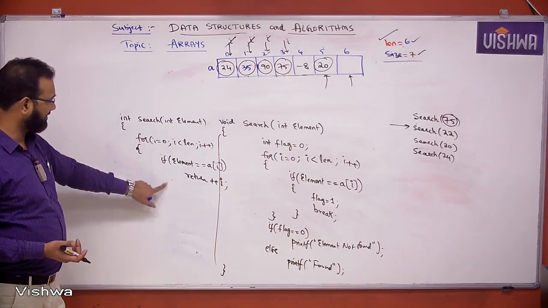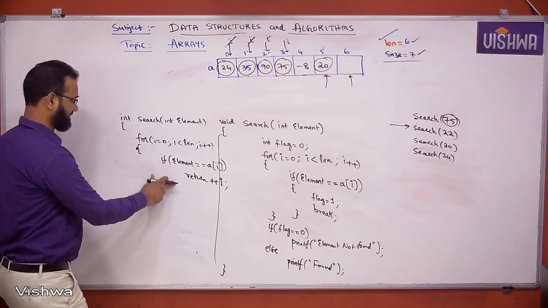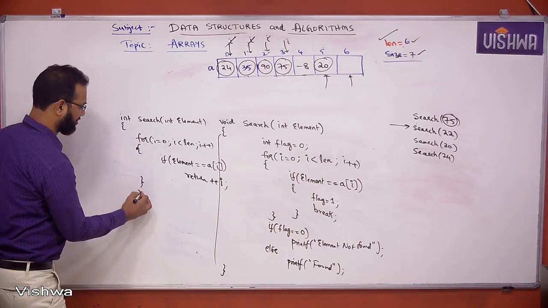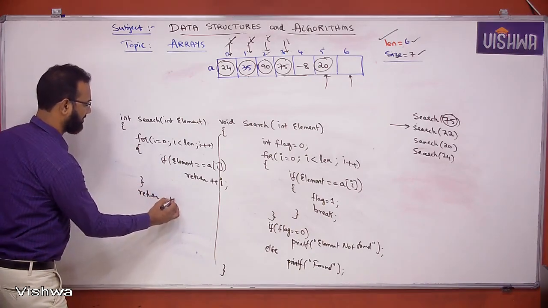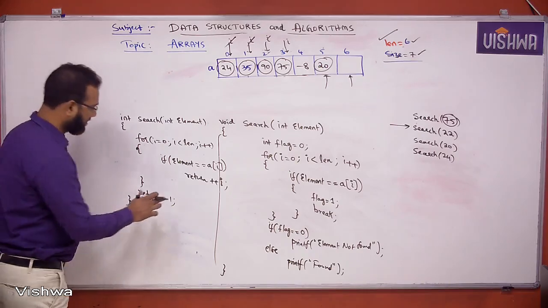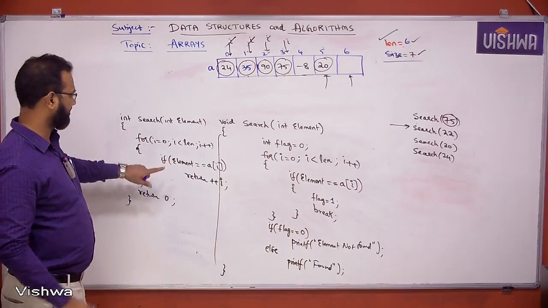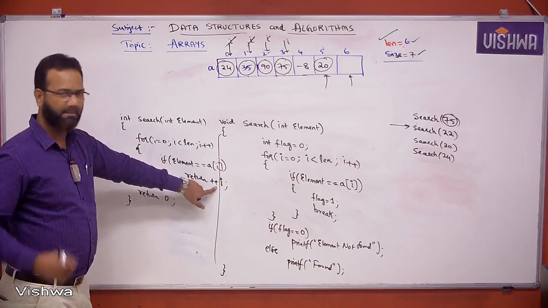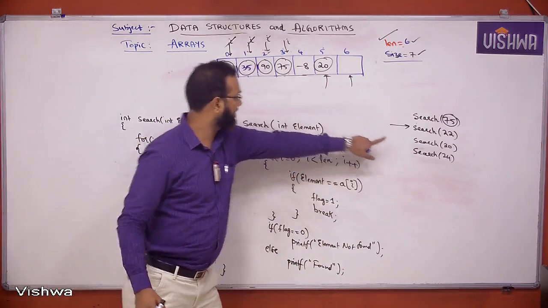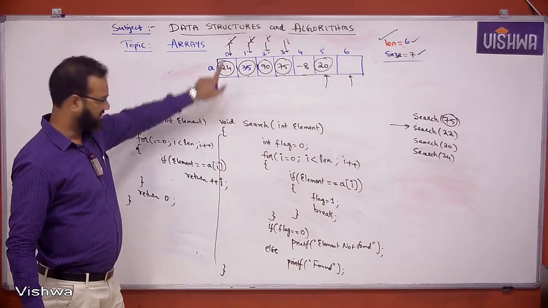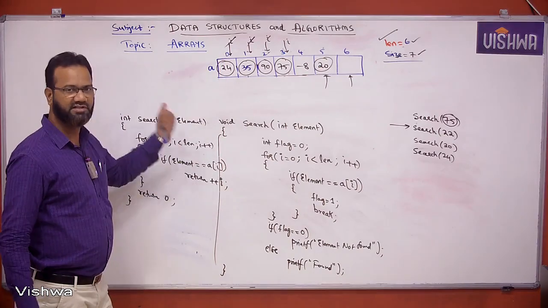Say for example, if a situation matches, then you are terminated. Otherwise, what should I return? Return -1. Or you can even return 0 also, because there is no 0 position. What are we returning for the best case, 24? 24 matches with index 0. 0 plus plus means what? 1. 1 is returned.